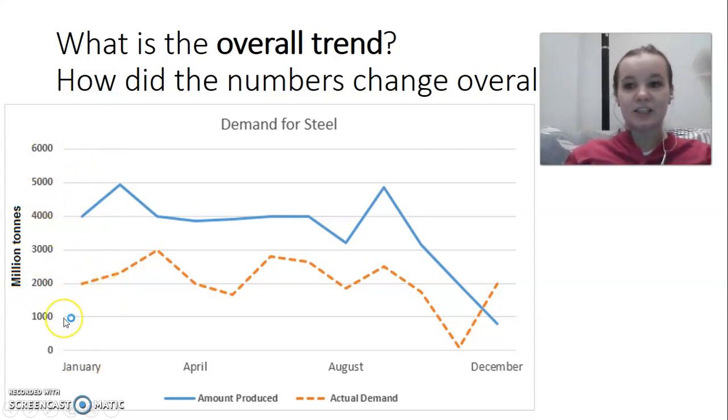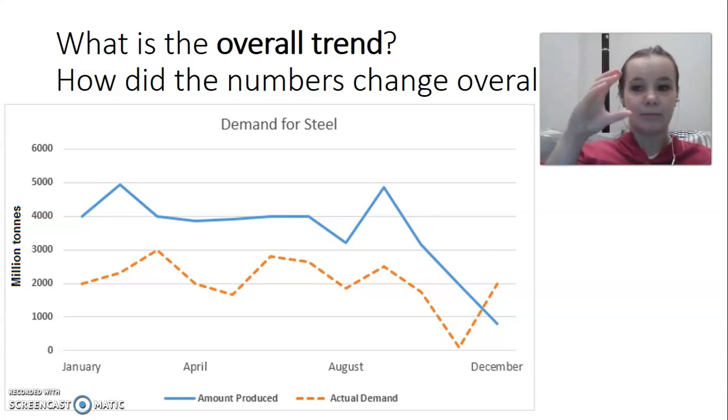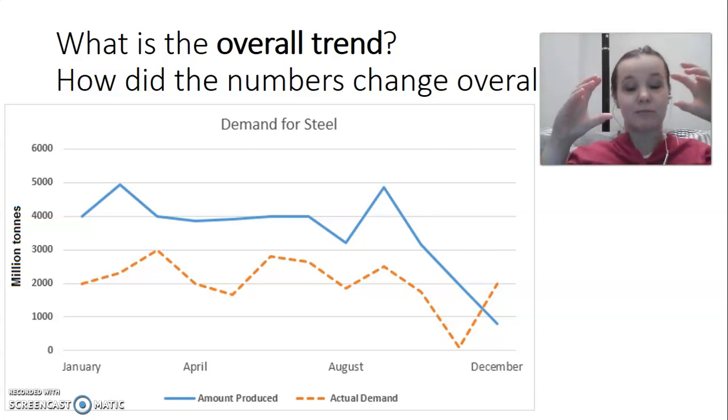So you look at the starting numbers and you look at the numbers in the end, in December, the end of the year, and you see whether these numbers increased or decreased. You compare January and December, the beginning and the end, and that's the general trend.